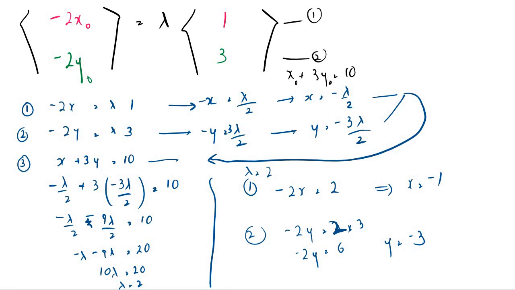Lambda is equal to minus 2, because minus 10 lambda is equal to 20. So lambda is equal to minus 2. We use minus 2 here, so x is equal to 1. And lambda is equal to minus 2 and it's minus 6 here, so y is equal to 3. So 1 and 3 is the critical point.